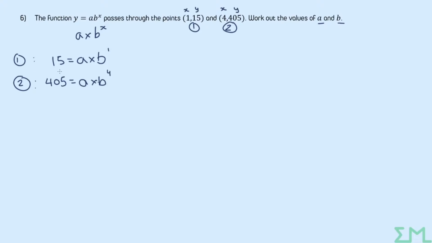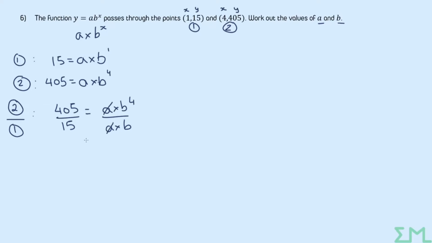So I'm going to use the labels for the points as labels for the equation. So if we take the larger one and divide it by the smaller one, then we're going to have 405 divided by 15 on one side, and then a times b to the 4 over a times b on the other side. And what's nice about that is that the a's cancel out.